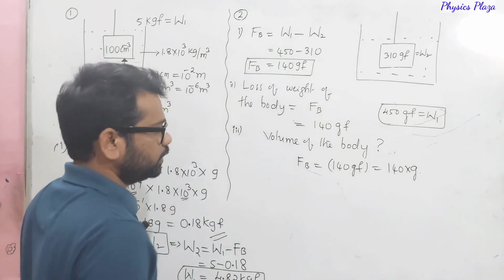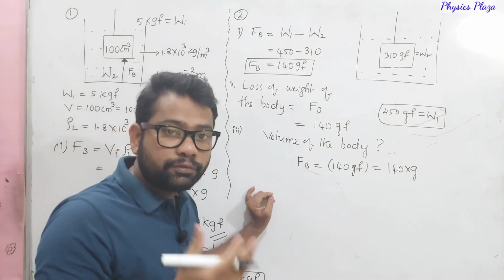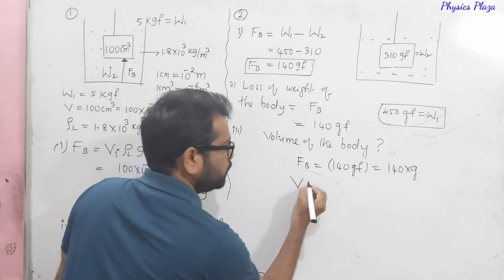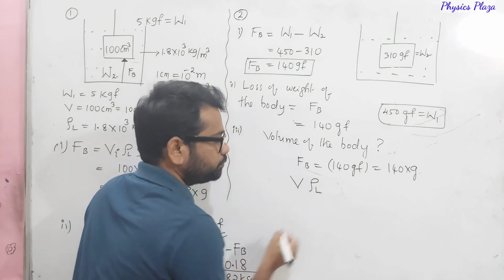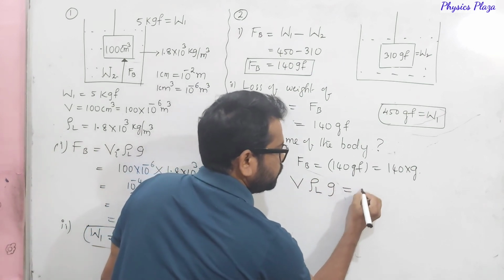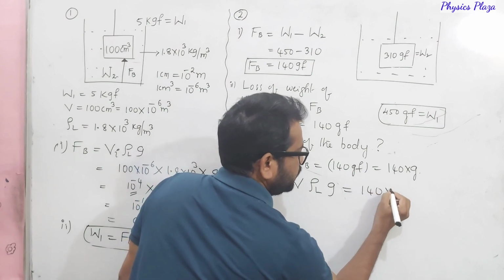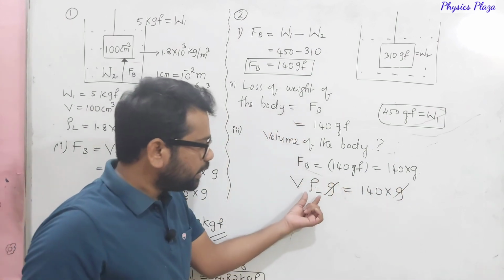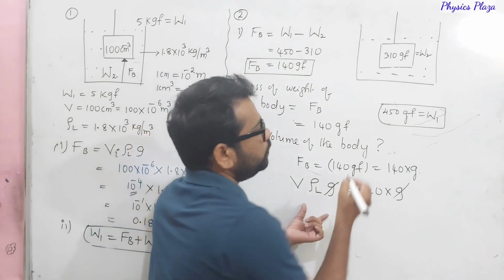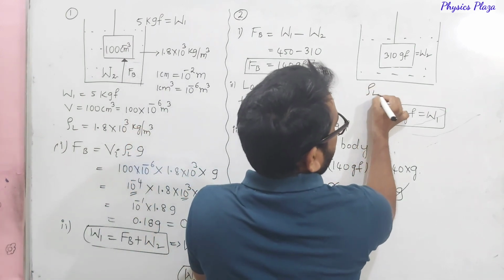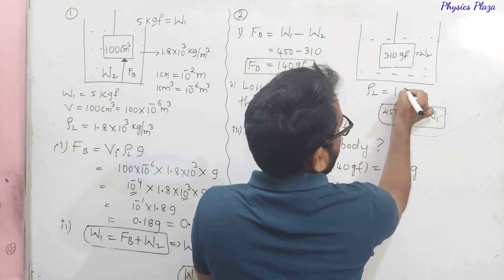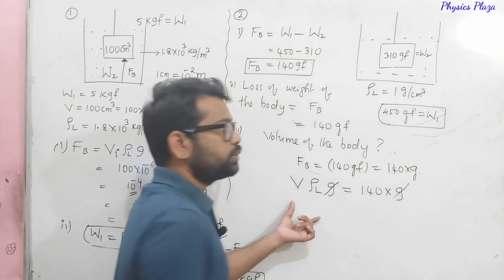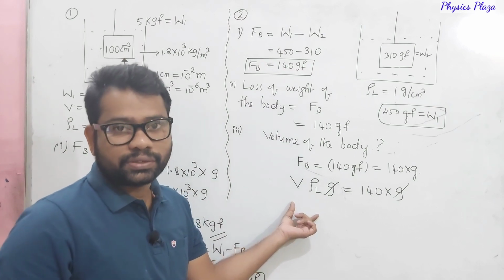And FB is equal to what, teacher? The buoyant force formula: volume of the solid immersed, density of the liquid, into G, is equal to 140 into G. So G gets cancelled. Here the liquid is water. So the density of the liquid, in the CGS system, is 1 gram per centimeter cube. Let us substitute its value.